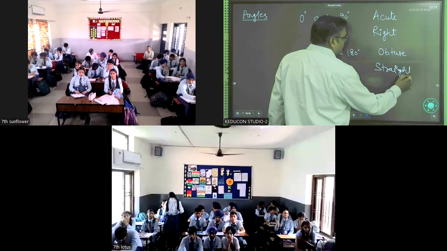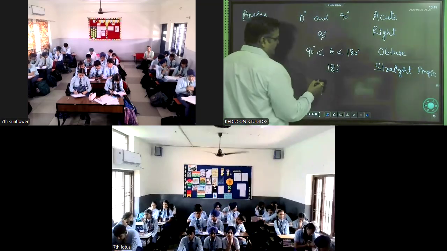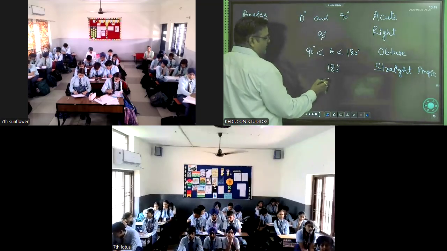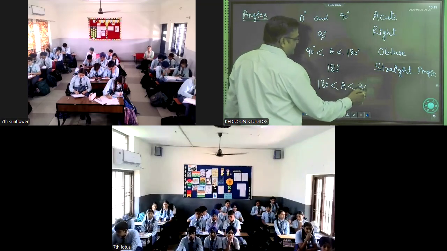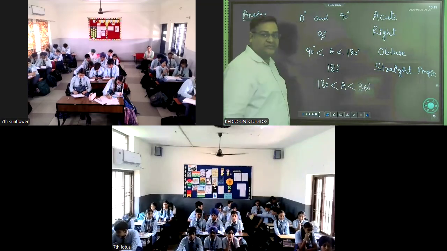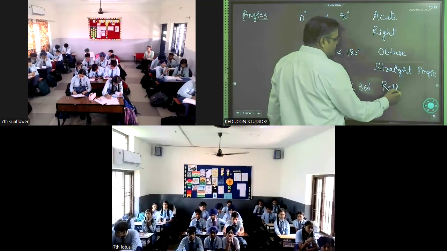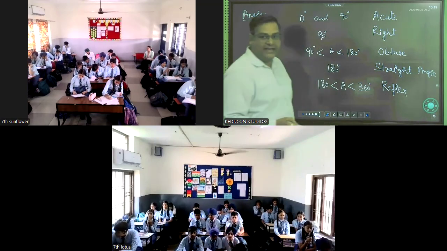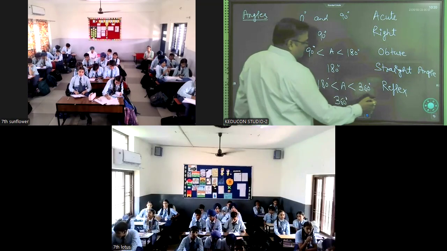Please note this down. Straight angle. An angle which is greater than 180 but less than 360 is known as reflex angle. Please note down, students. And an angle of 360 degree is known as complete angle.